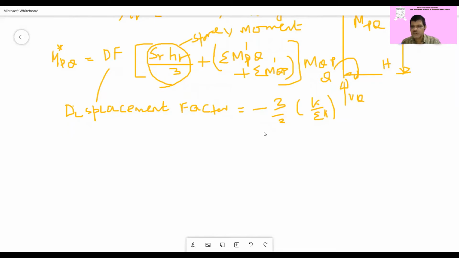In moment distribution, the distribution factor at a joint is equal to 1 if you add all the values. The rotation contribution at a joint in Kani's method is equal to minus half at the joint, and the displacement factor in a story, combining all the columns present, must be equal to minus 3 by 2 K by sigma K.